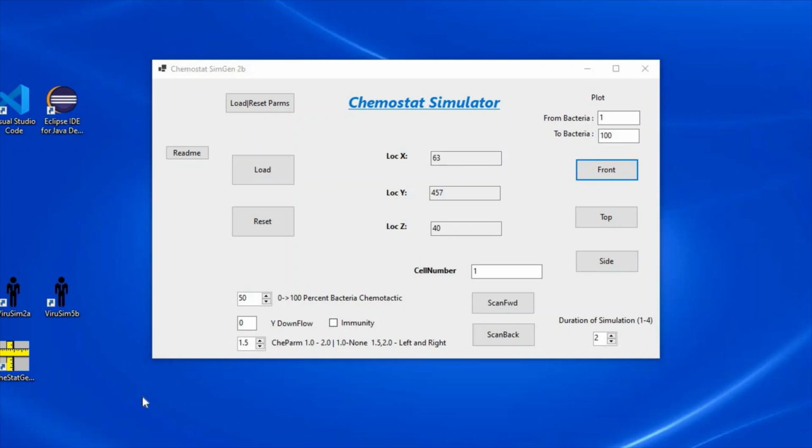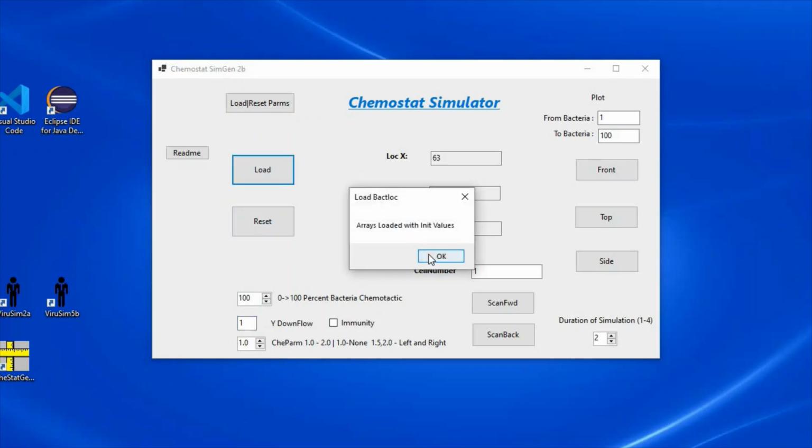Okay, let's try one more simulation. We're going to make the chemicals 1.0, so it's not chemotactic. And we'll make all the bacteria chemotactic, but you see they're not going to be showing chemotaxis because this is 1.0. But the interesting thing is, if you look here at the downflow, we'll make the downflow 1, and you'll see what happens if there's no chemotaxis, but there's flow through the chemostat or the gut simulation.